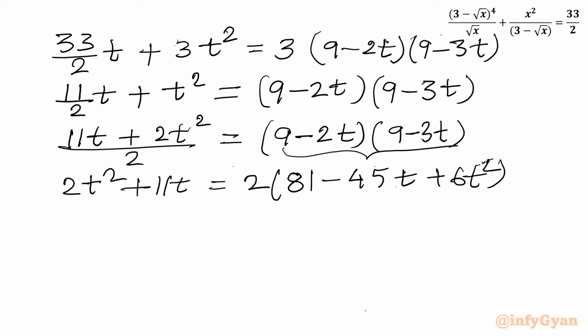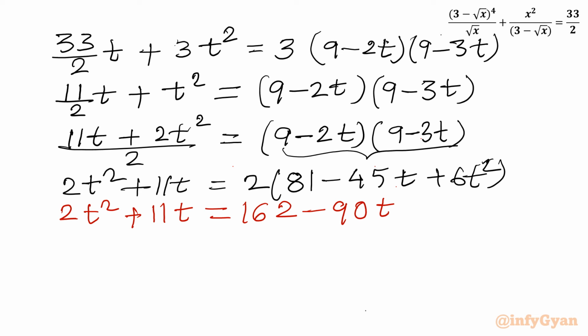As we can see, we cannot divide further. So now I will be writing here 2t square plus 11t equal to 162 minus 90t plus 12t square.